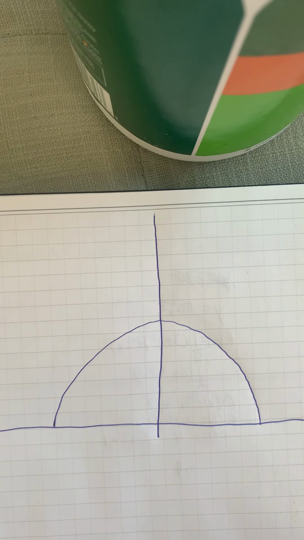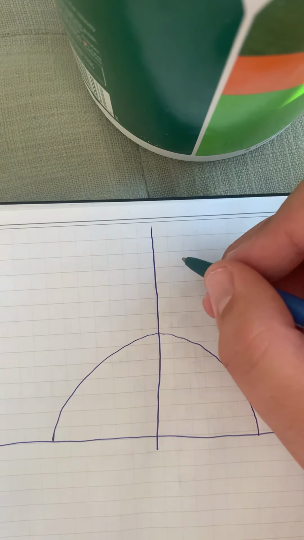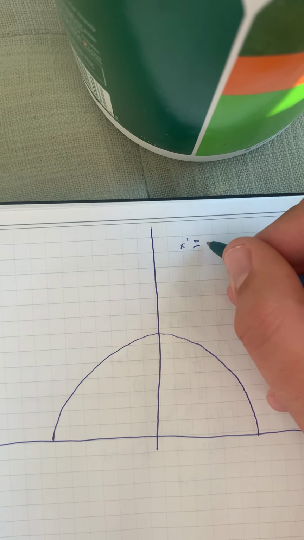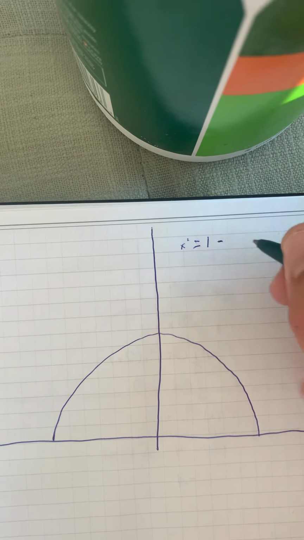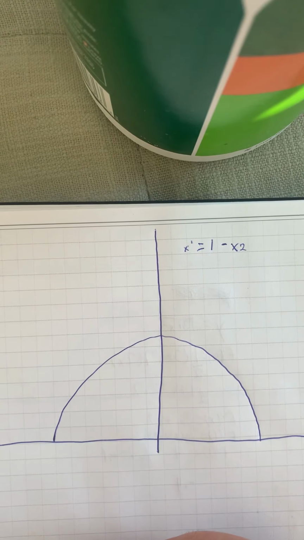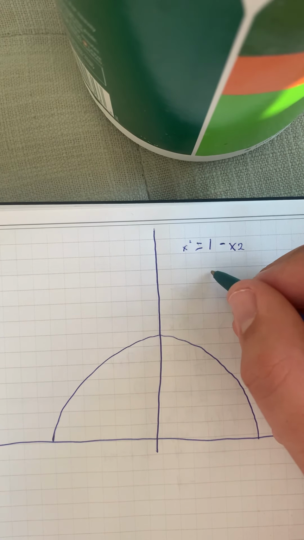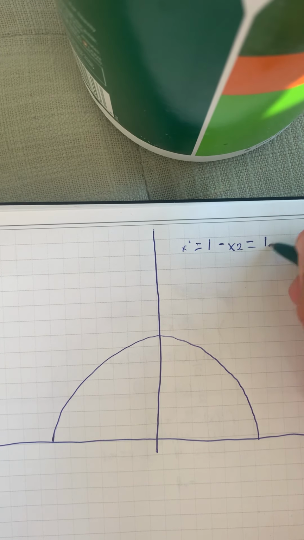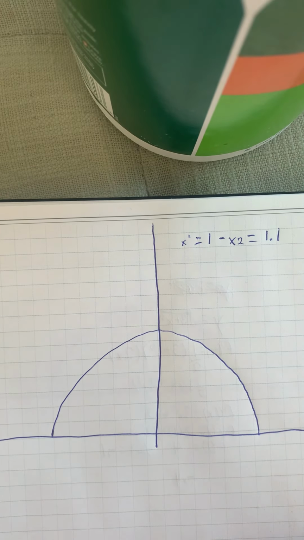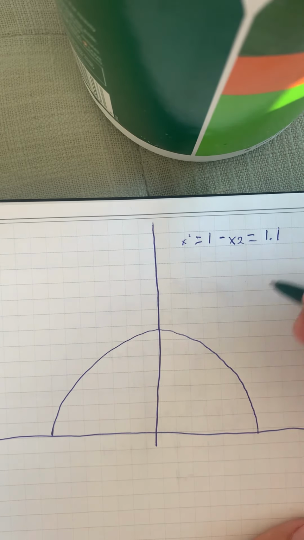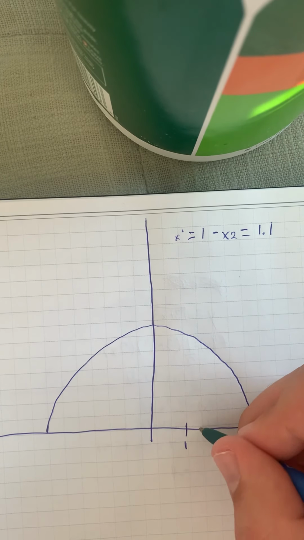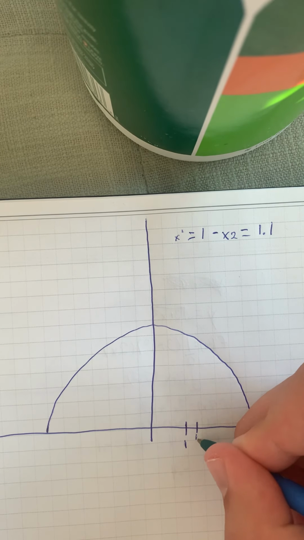And as you know, to find delta x, it is x1, which is equal to 1, minus x2, and in our case, x2 would equal 1.1 because delta x was negative 0.1. So let's just call this 1, and we'll call this 1.1.